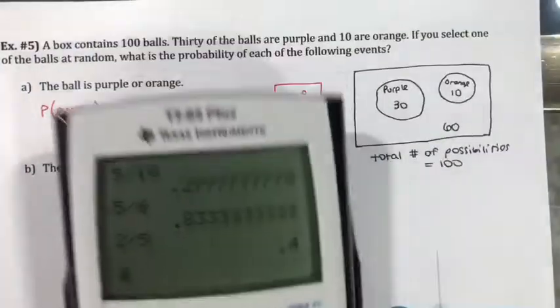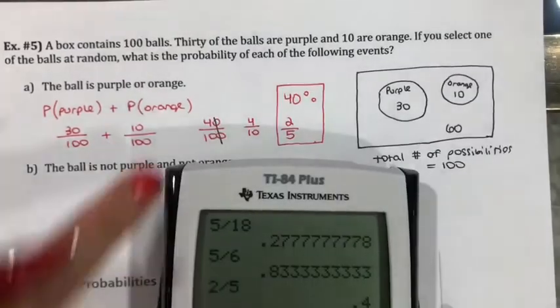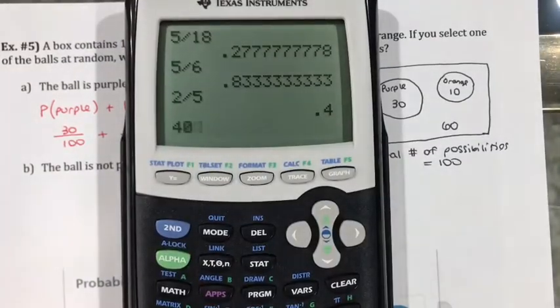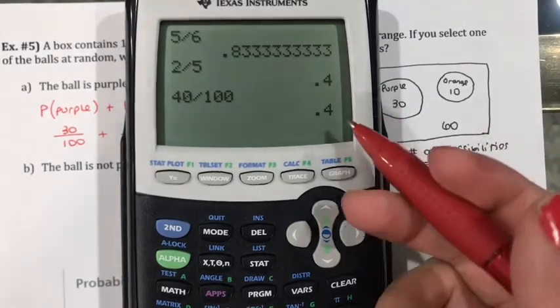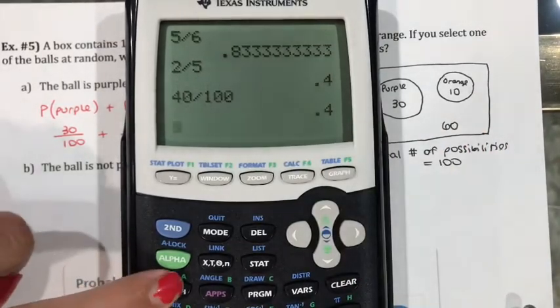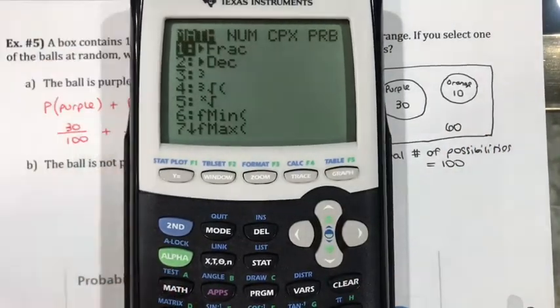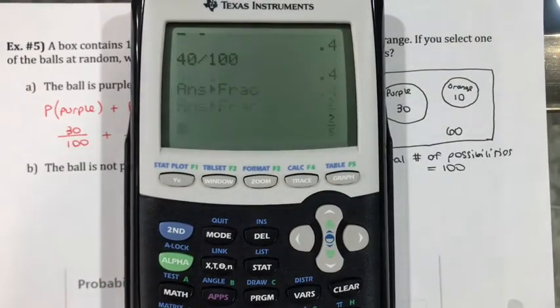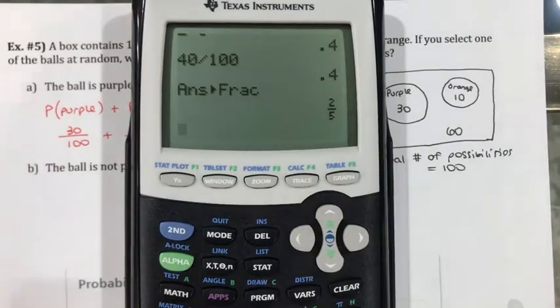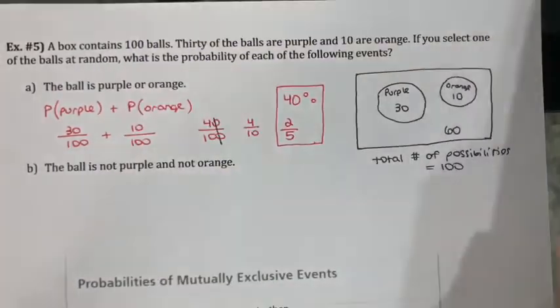Okay. Now in the calculator, if you had put the original fraction in, I'll show you guys a shortcut. If you do 40 divided by 100, that's 40%. If I wanted to write this as a fraction, I would hit math, and number 1 is frac. So notice it gives us 2/5. So you can go back and forth between a decimal and a fraction, okay?